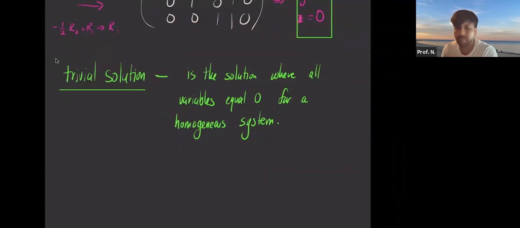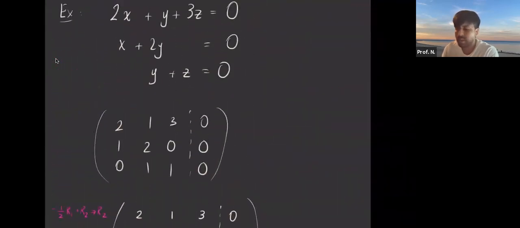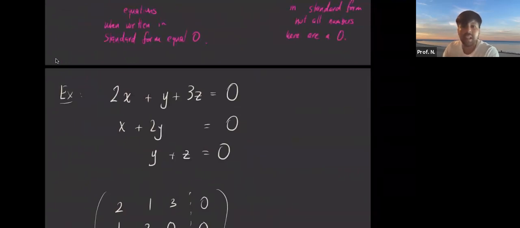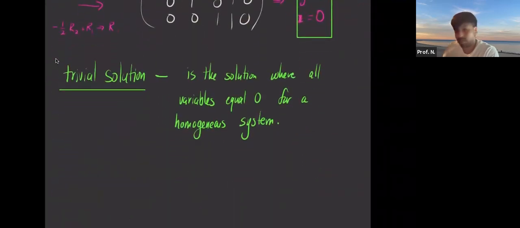If every variable is a 0 for a homogeneous system, meaning that every equation is equal to 0, then obviously just make all of them zeros. They're all going to add up to 0. It's obvious. But what I'm saying is this trivial solution works for every homogeneous system, but not every homogeneous system has the trivial solution being the only solution.